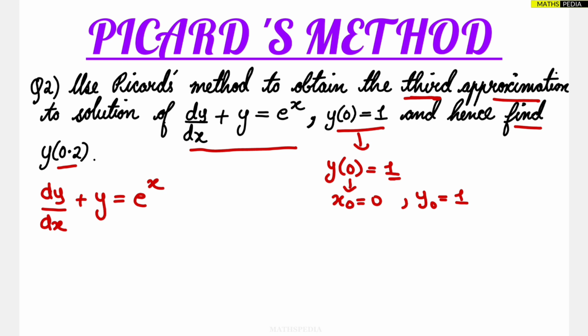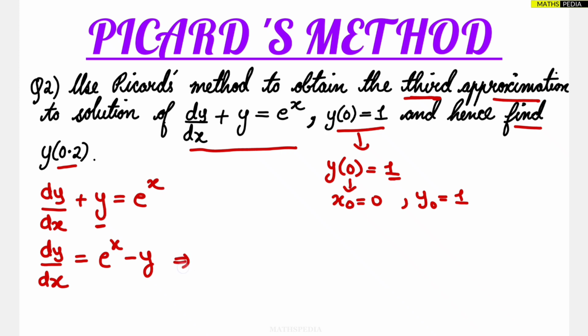Now coming back to this equation, shift this y towards the right hand side. Everything should be towards the right hand side. Left hand side only the dy part should be there. So first I'll shift y towards the right hand side, then I am going to shift dx also.